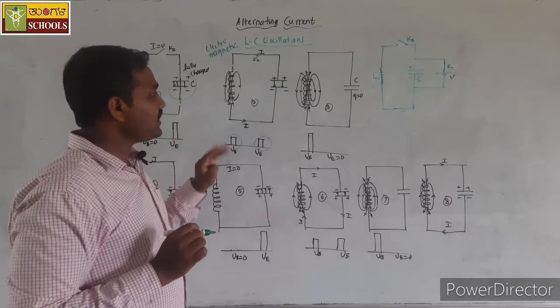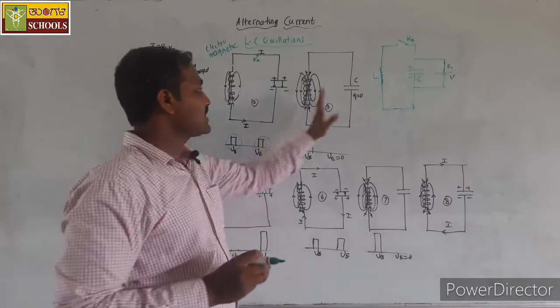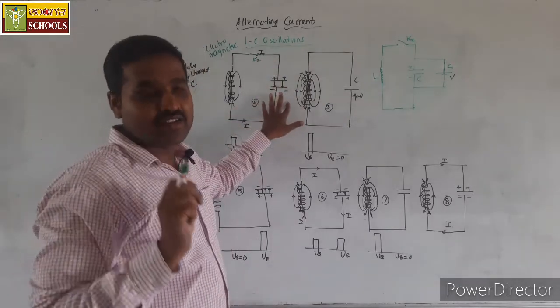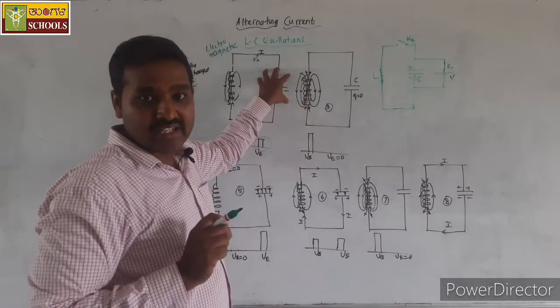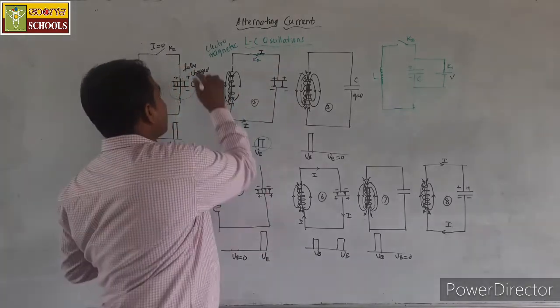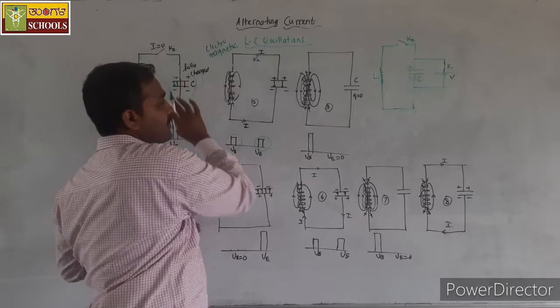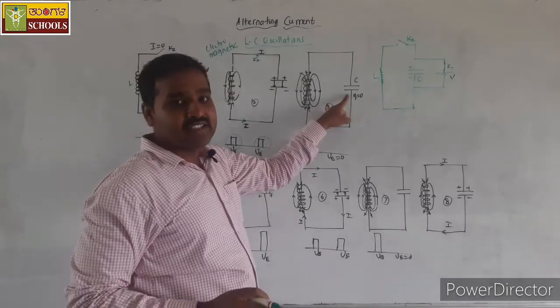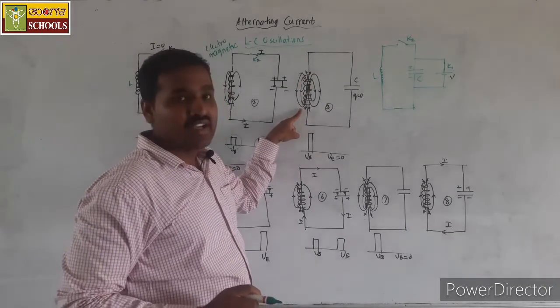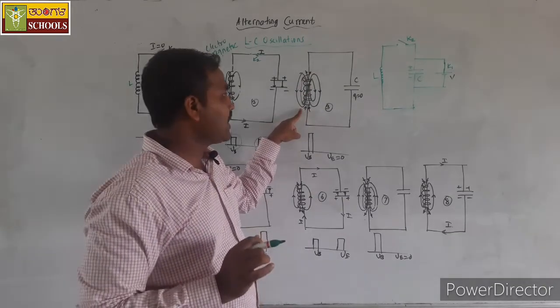Then next, in stage 3, the capacitor gets completely discharged, all the charge gets depleted. At this point, whatever energy was stored in the capacitor, all that energy gets stored in the inductor in the form of electromagnetic energy.